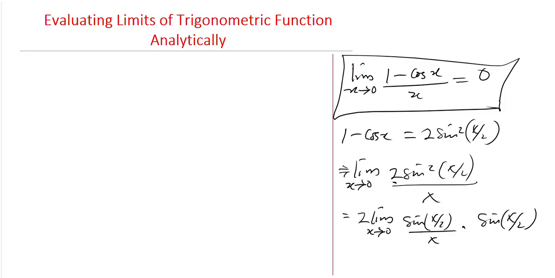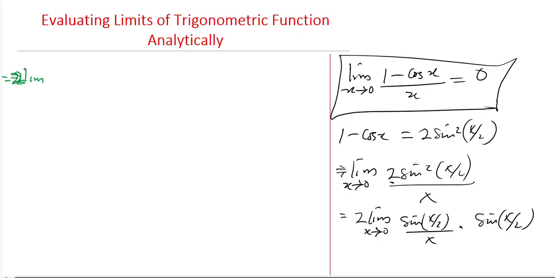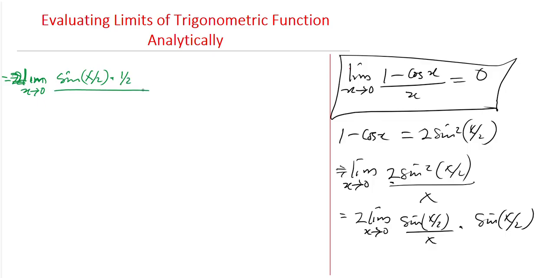So we are going to have 2 multiply the limit as x approaches 0 of sine x over 2 multiply 1 over 2 all over x multiply 1 over 2 will give us x over 2. And we can see now that this is in standard form. We have 1 over 2 left.